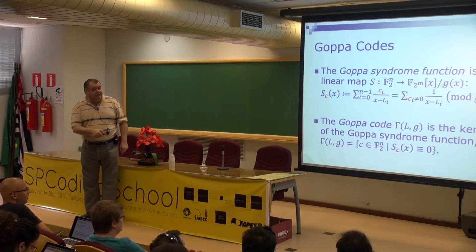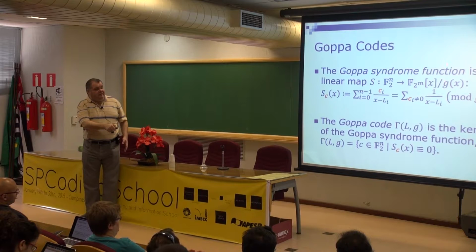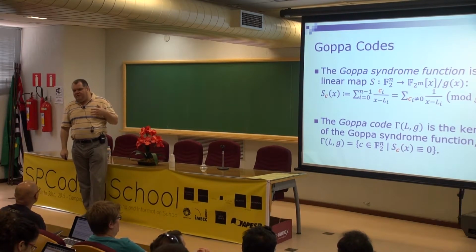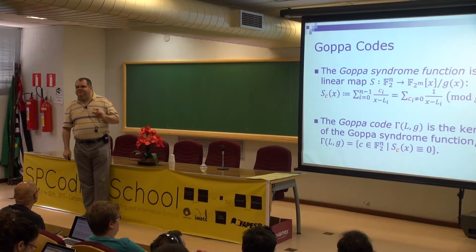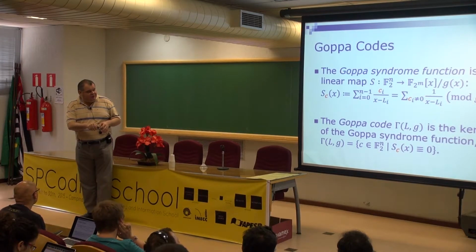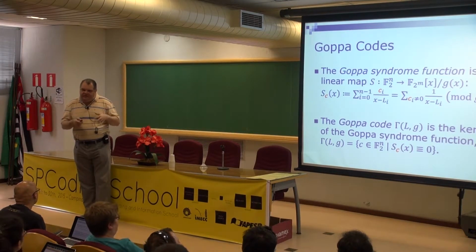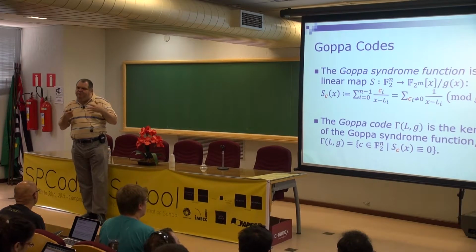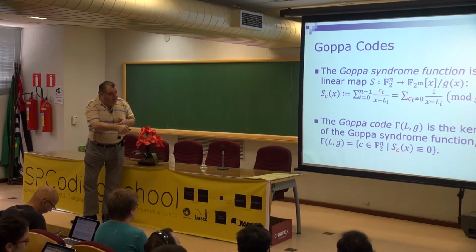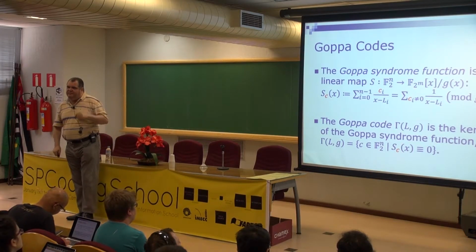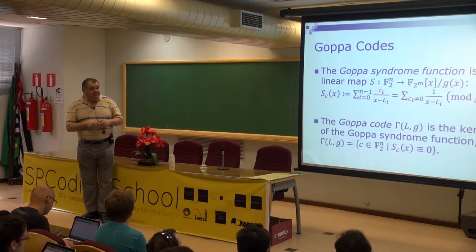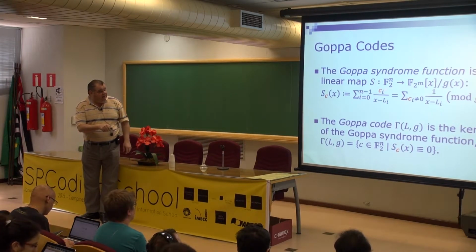If G is composite, it's possible that we cannot even define a syndrome function, but if we restrict our choice of G and our choice of the support, we can always impose the restriction that L_i is not a root of G, and then we will be able to invert that polynomial mod G. This function is clearly linear in c_i.